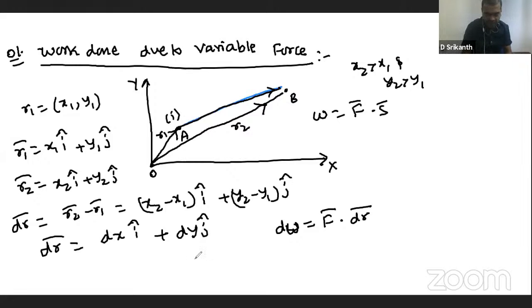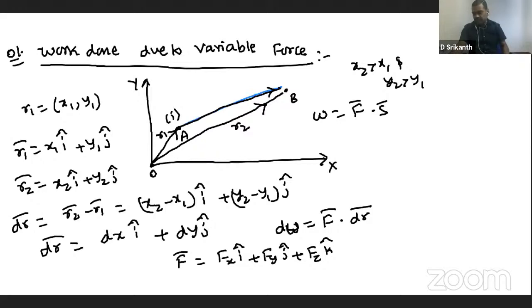So F bar, I can write it as fx i cap plus fy j cap plus fz k cap. What is meant by fx? Force acting along x-axis. Component of force acting along x-axis. Similarly fy, component of force F acting along y-axis.